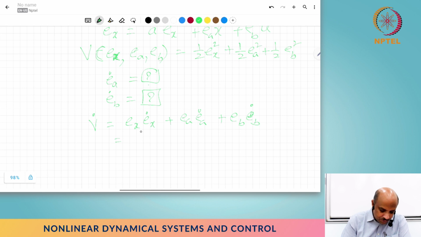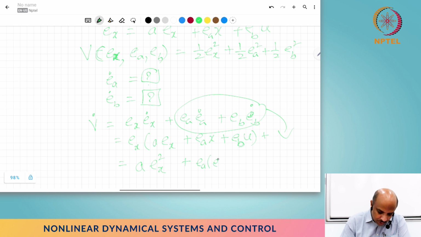Let's substitute for e x dot, which is nothing but a times e x plus e a times x hat plus e b times u, plus these two things here. So I have a times e x squared plus e a times e a dot plus e x x hat, plus e b times e b dot plus e x times u.